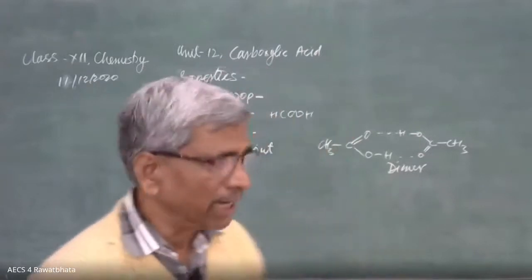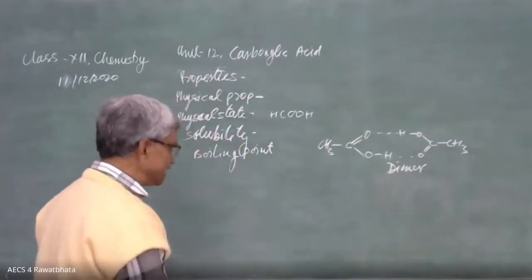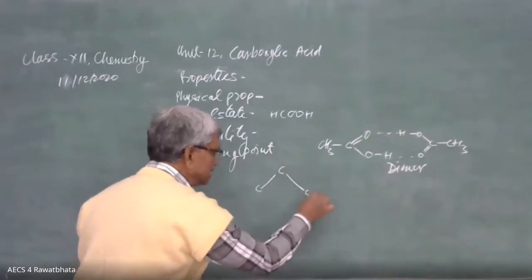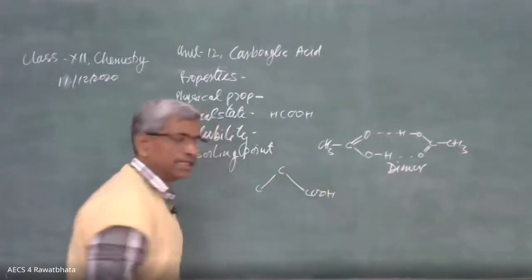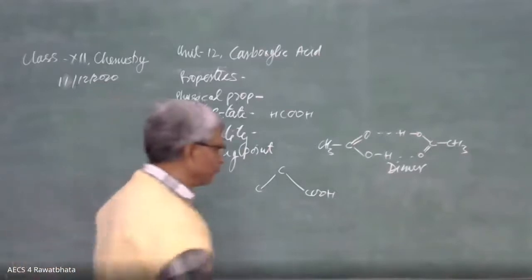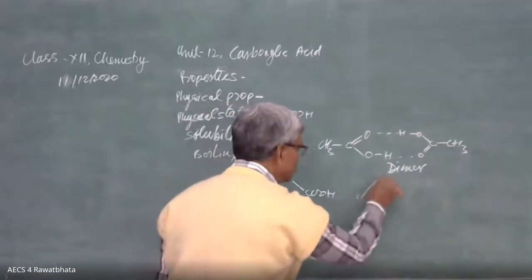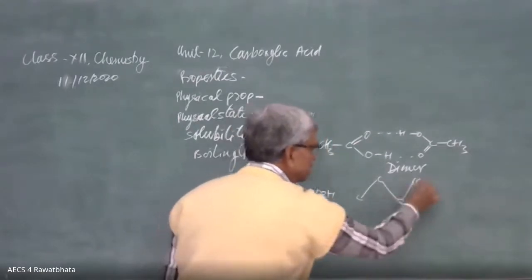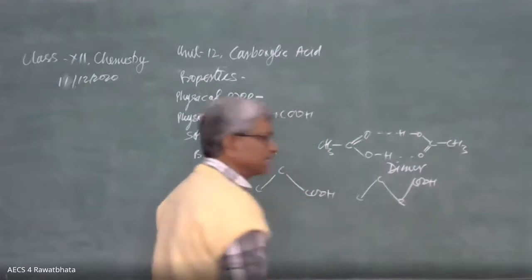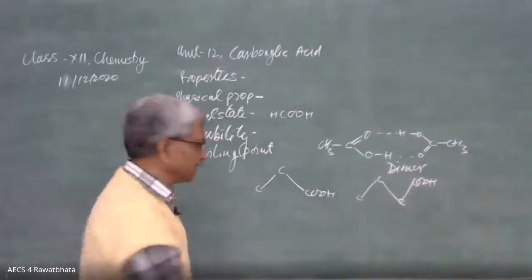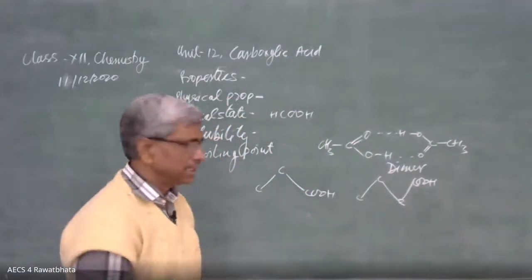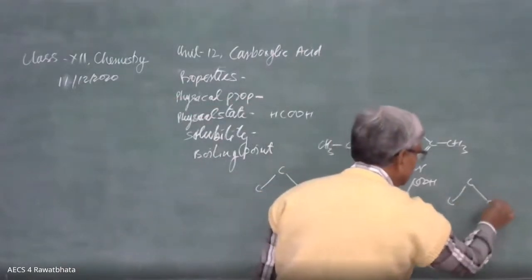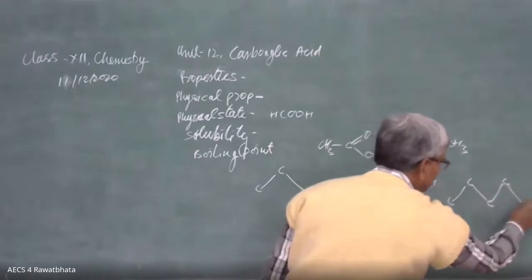When we talk about melting point, there is a slight change. Like 3 carbon, 1, 2, 3, here is COOH, a 3 carbon carboxylic acid, then a 4 carbon carboxylic acid, 1, 2, 3, 4. Certainly, this 4 carbon acid, butyric acid, has a higher boiling point than propionic acid. And 5 carbon, 1, 2, 3, 4, 5, COOH.